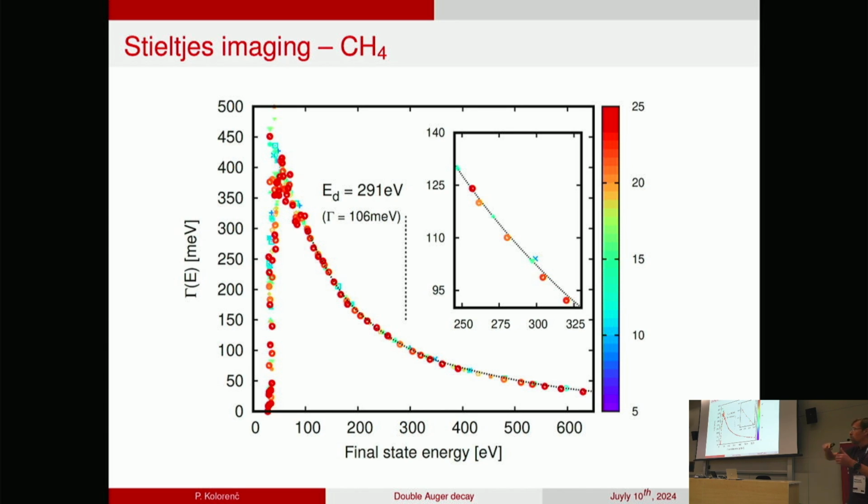Basically the error bars I'm showing are determined from the spread of the points I'm getting around some interpolation which I use to evaluate the decay width. So this reflects the stability of the Stieltjes imaging procedure and the quality of the basis set, but it cannot reflect the bias, if there is any, of the method as such.